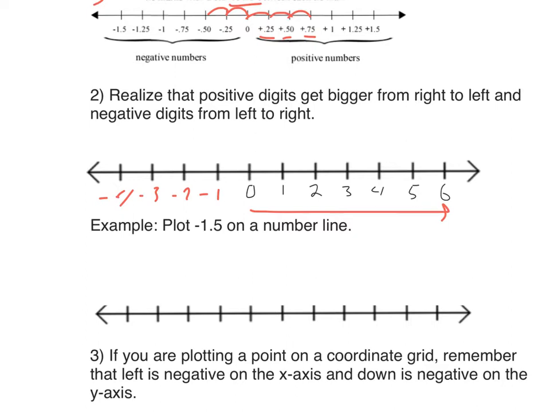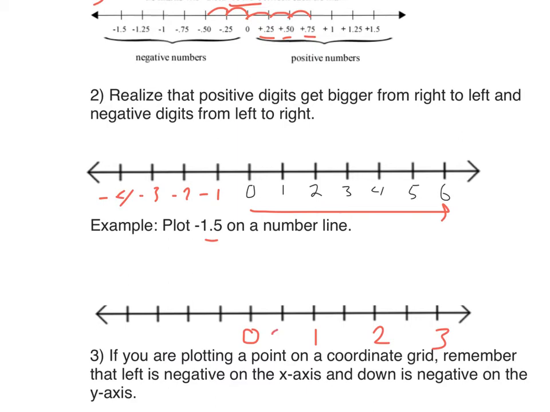All right, so an example that you need to put in your notes. We're going to plot negative 1.5 on a number line. So let's put 0 here, and I know that I'm going to need 0.5s, so I'm going to skip a space and put 1, 2, 3, like that.